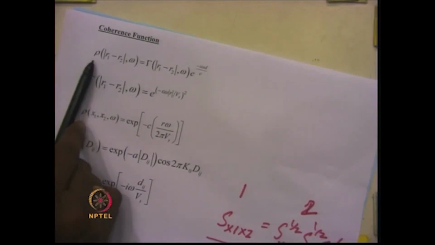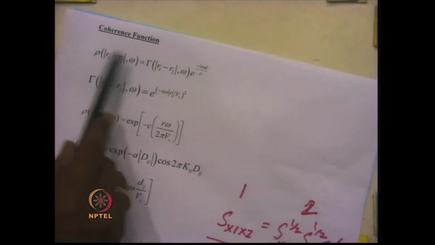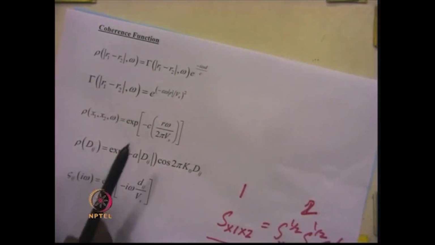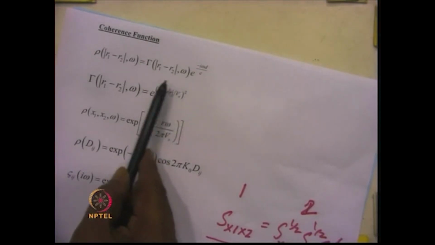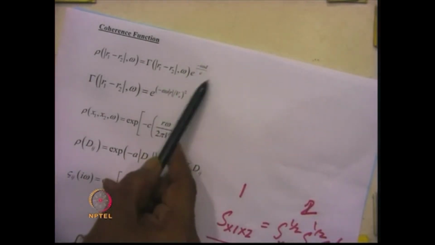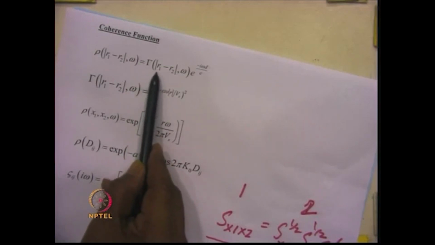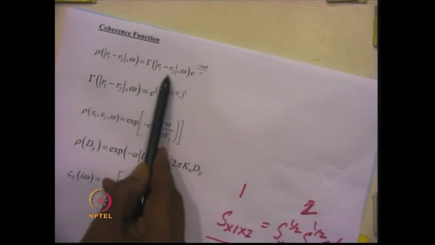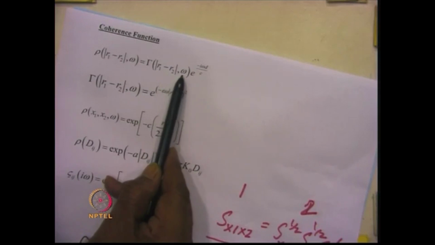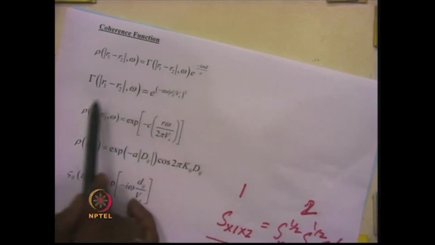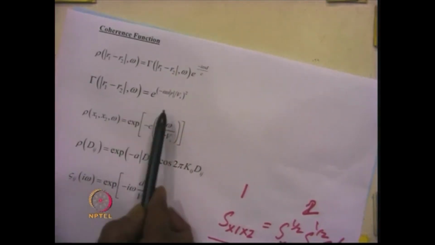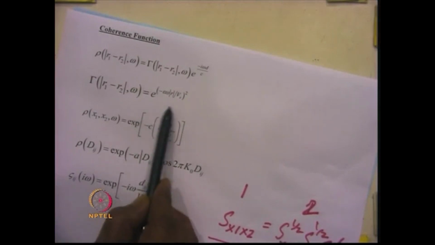Here this is a coherence function, and one can see that this is again an exponentially decaying function with a gamma function that depends on the distance between the 2 points and is a function of omega, and this function is more precisely written over here.